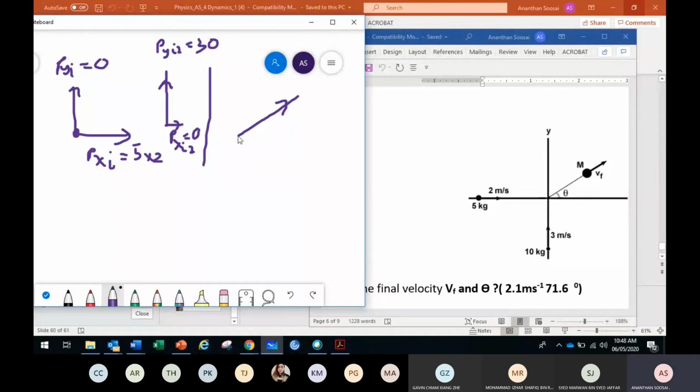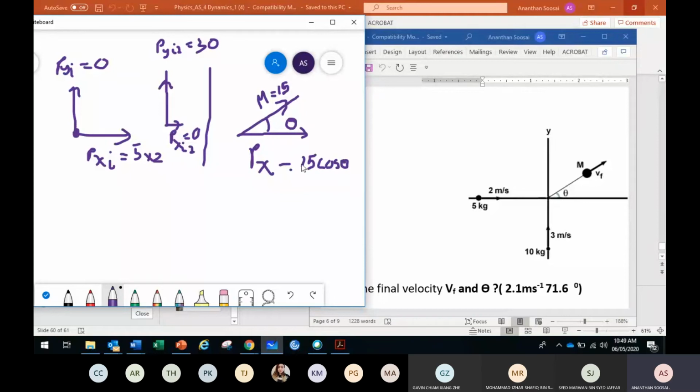After collision, they are moving together, making an angle of theta. So the capital M is how much? Merge them together, so it's 15. What is your Px value this way? 15 Vf cos theta.